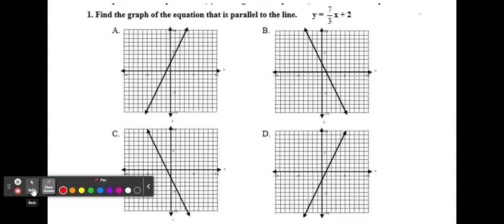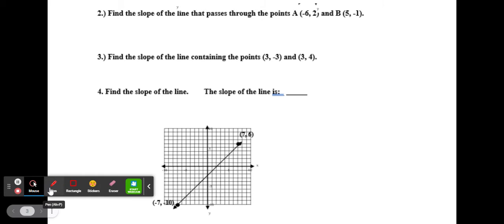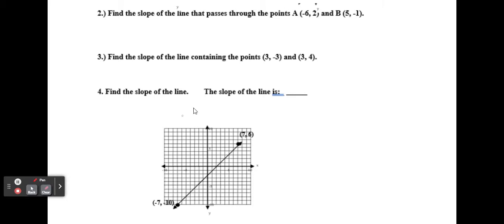Let's go to number 2, and 3 and 4. Okay, so 2, 3, and 4 were helpful to know the slope formula. Not the only way to do this, but if you remembered that the slope formula was y sub 2 minus y sub 1 over x sub 2 minus x sub 1.